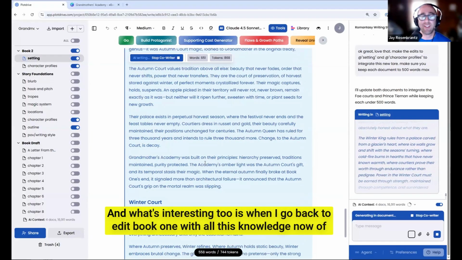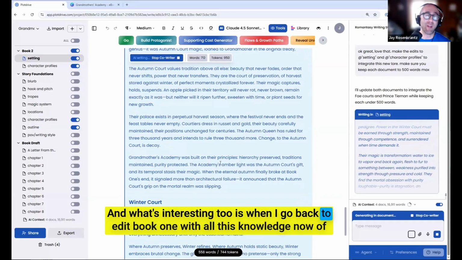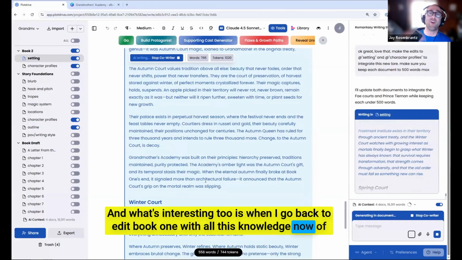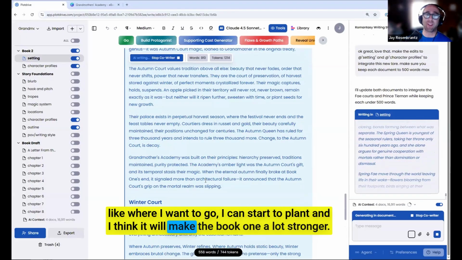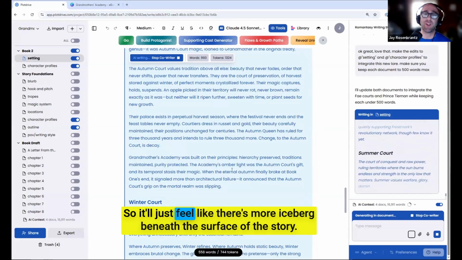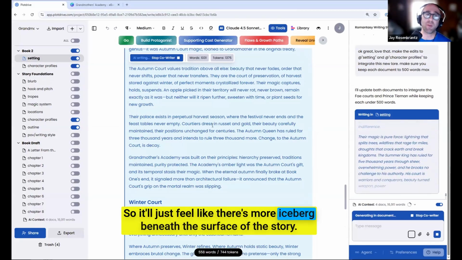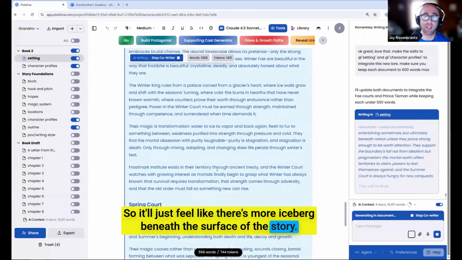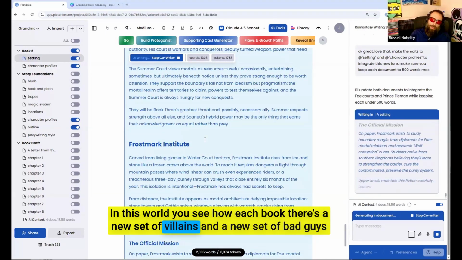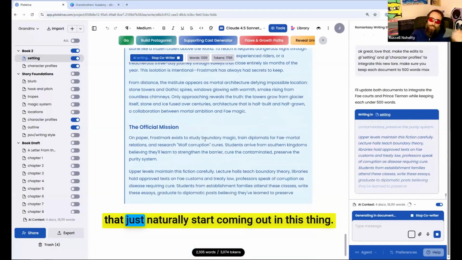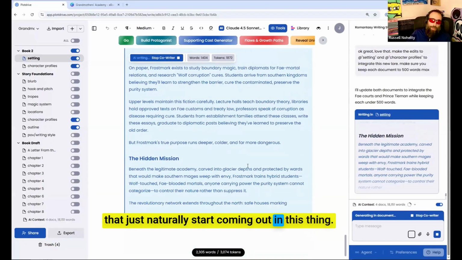What's interesting too is when I go back to edit book one with all this knowledge of where I want to go, I can start to plant things, and I think it will make book one a lot stronger. So it'll just feel like there's more iceberg beneath the surface of the story. In this world, you see how each book has a new set of villains and a new set of bad guys that just naturally start coming out.